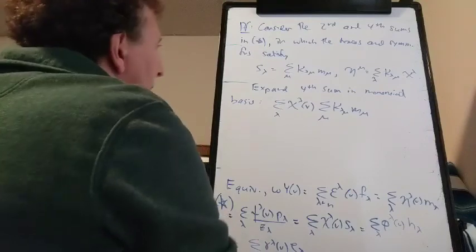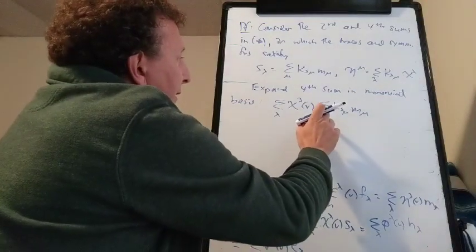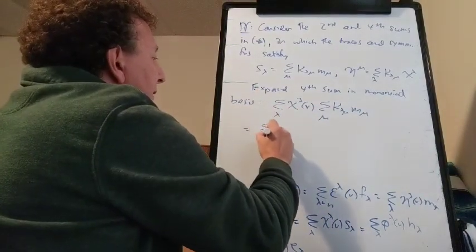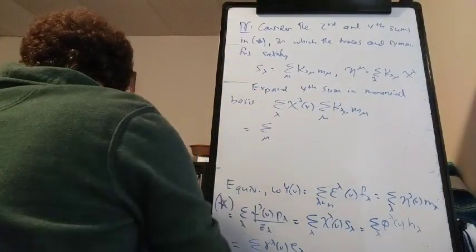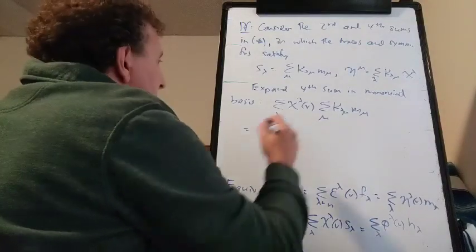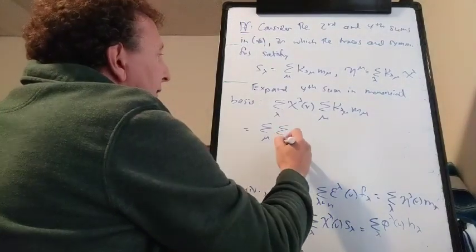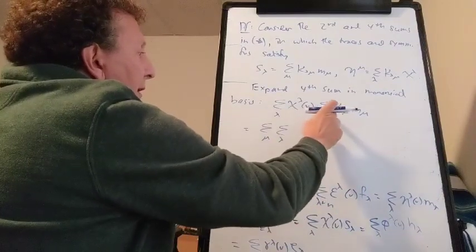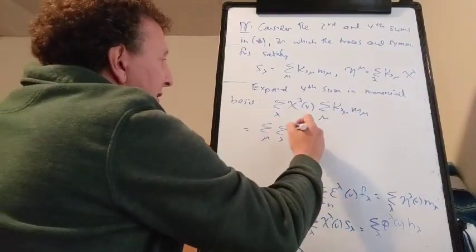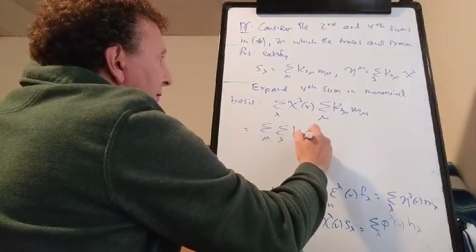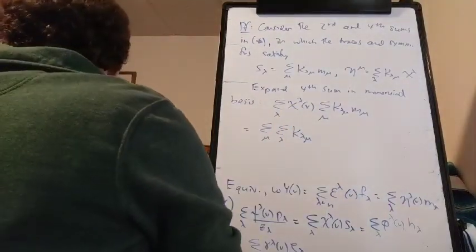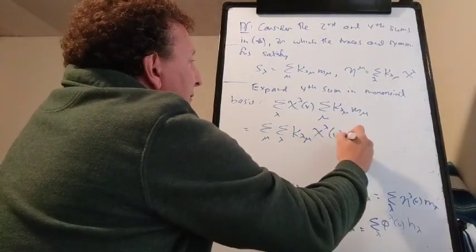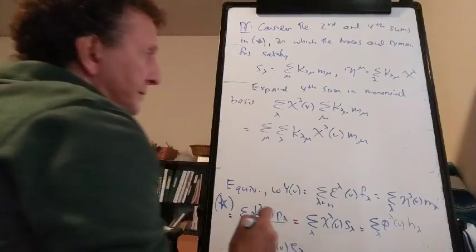Then I take this sum and put it on the outside, so the sum over mu first, and then take the sum over lambda, and I'm going to pull this K lambda mu as far to the left as I can. So I'll put it right here next to the sum over lambda. And then we have chi lambda of v and m mu.